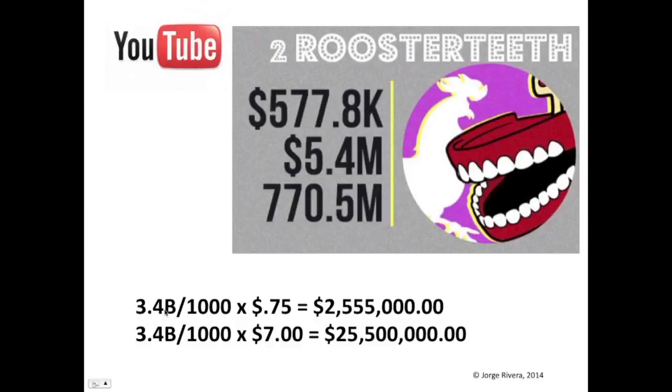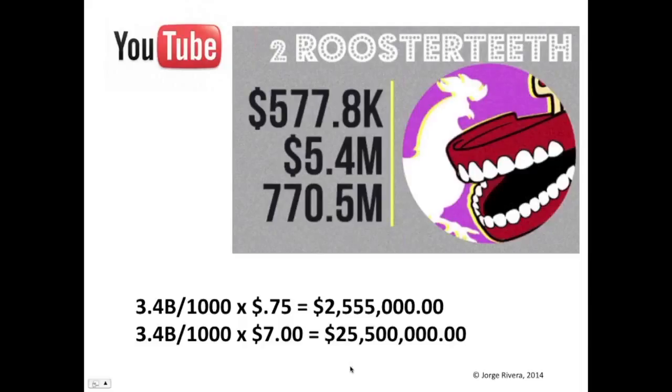And if you plug in that math, and we start at 3.4 billion views divided by 1,000 times a 75-cent CPM, we'll have amassed a total earnings of $2.5 million since starting their channel in 2006. That's the low end. On the high end, they potentially have earned $25 million.